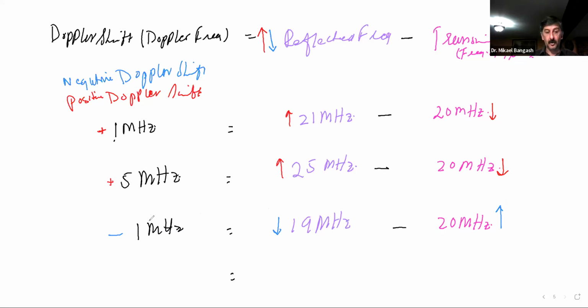That gave you a Doppler shift of minus 1 megahertz. And what do we mean by a negative Doppler shift? That the blood is actually moving away from the transducer. Did you guys get that?